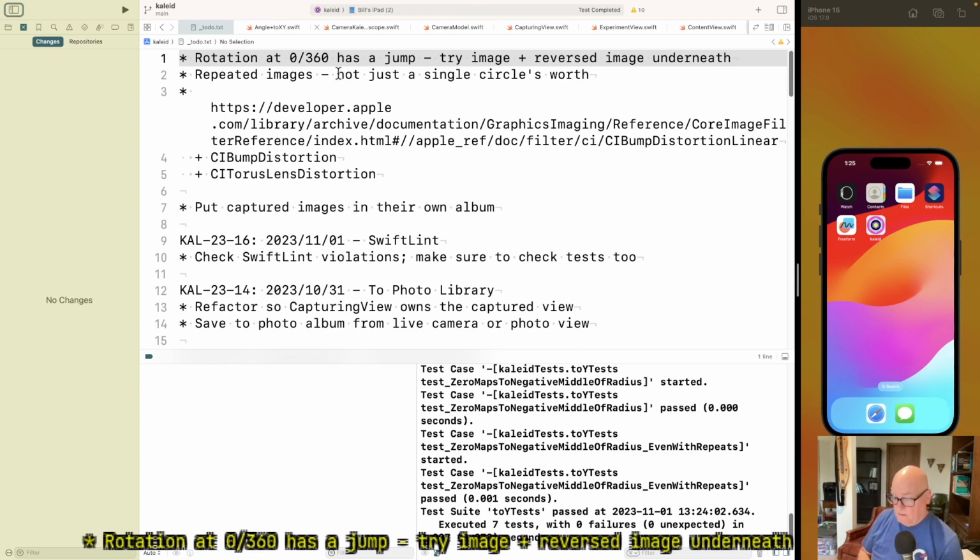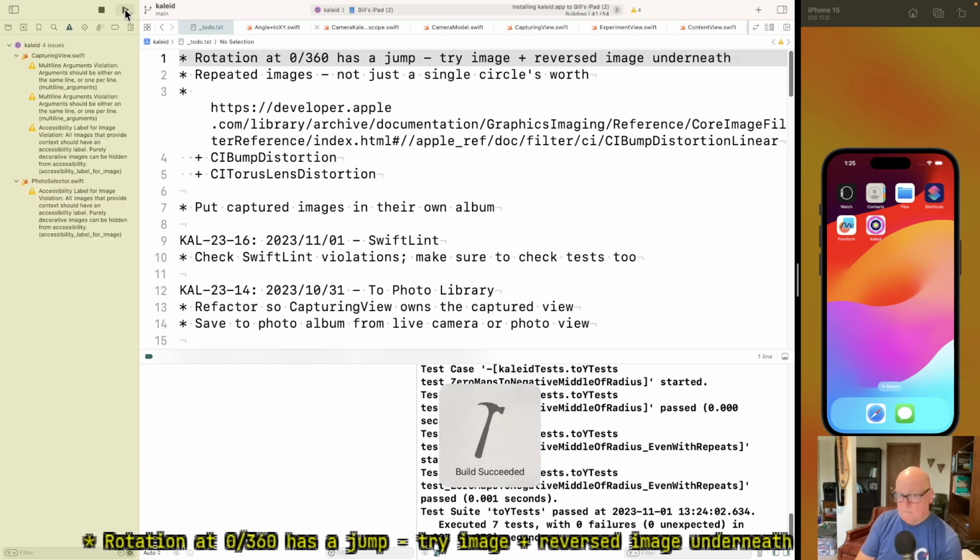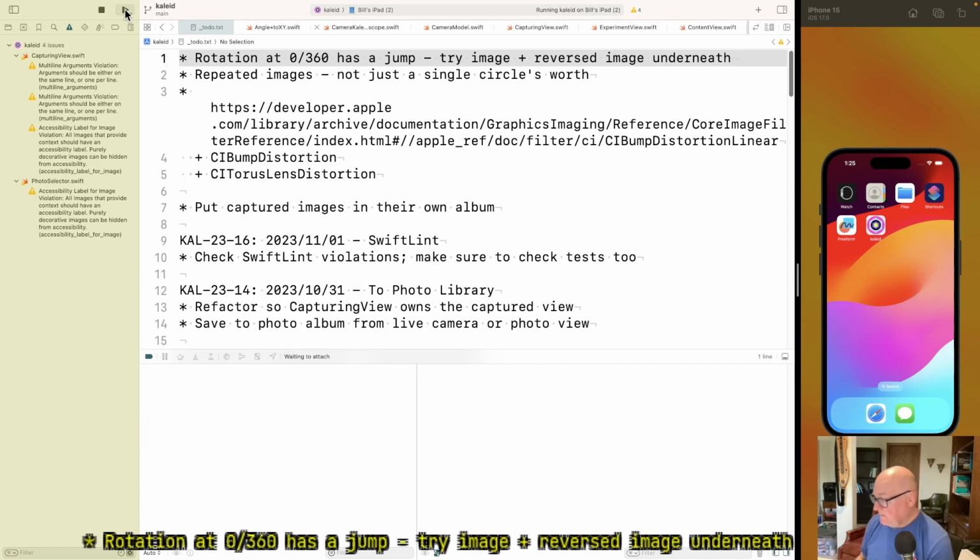Actually, will it run? I'm not plugging it in. I'm just curious if it'll run just because it's on the network. Yes, it will. Okay, well, good to know.